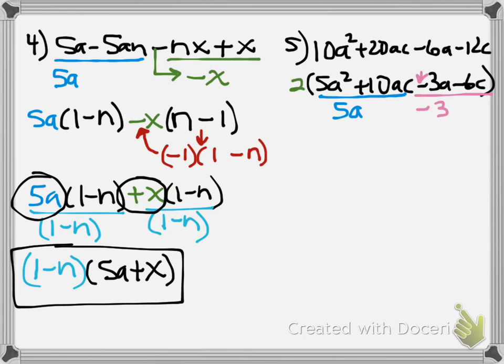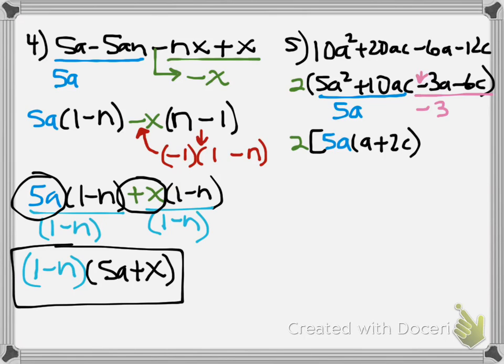So here's where we're at. Now I got to employ some brackets, because I'm going to pull out the GCMFs for each of those pairings. So let's see, 5a squared divided by 5a is a, plus 10ac divided by 5a, well, 10 divided by 5 is 2, ac divided by a is c.